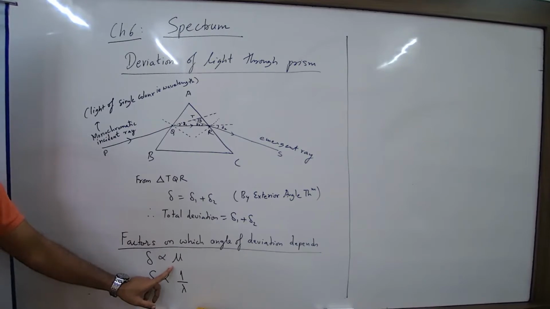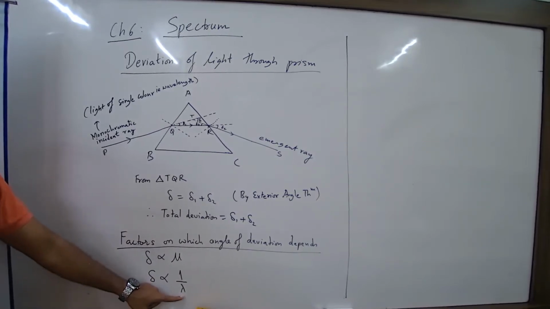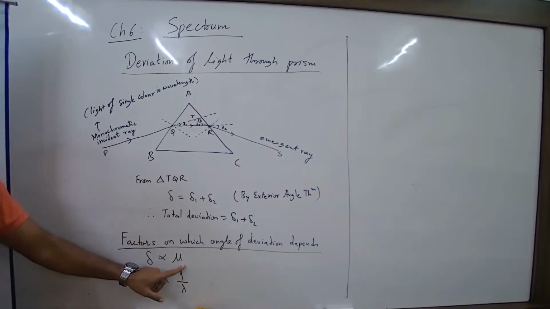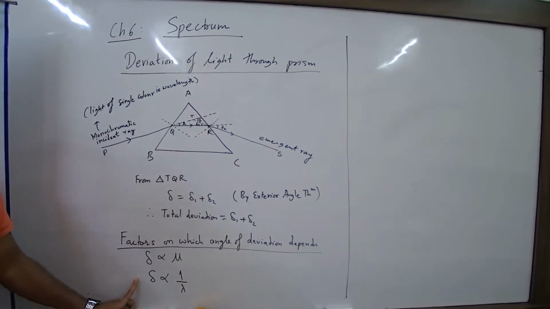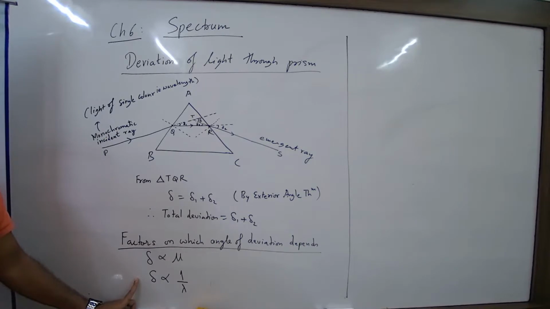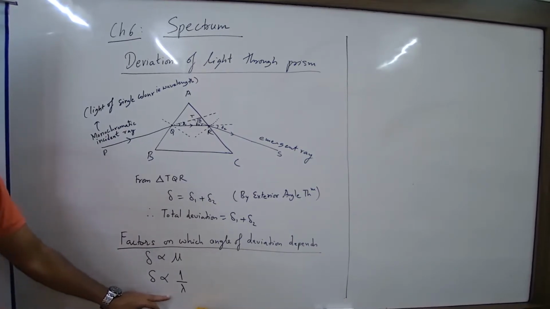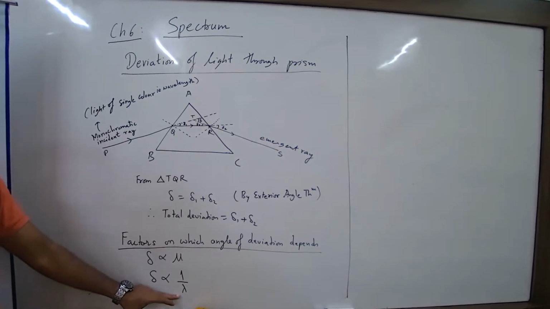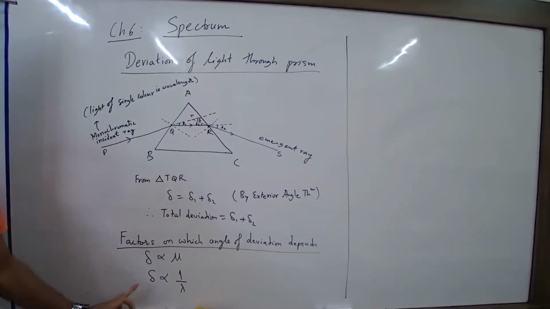Okay? So there is an inverse relation, right? When the wavelength increases, refractive index decreases, therefore deviation also decreases. Got it? You know, na? So there is an inverse relation between the wavelength or the color of the ray and the deviation.